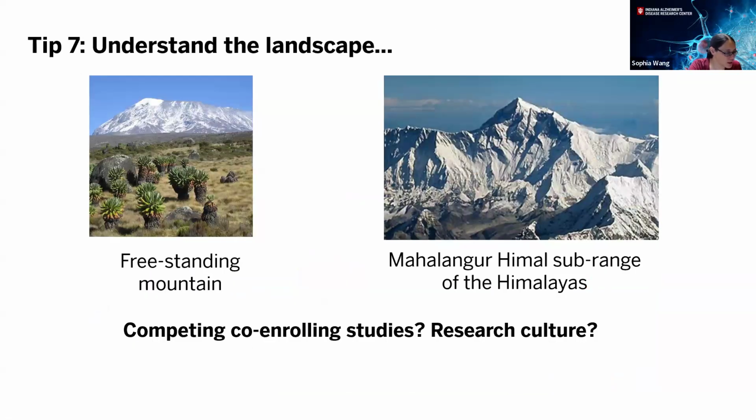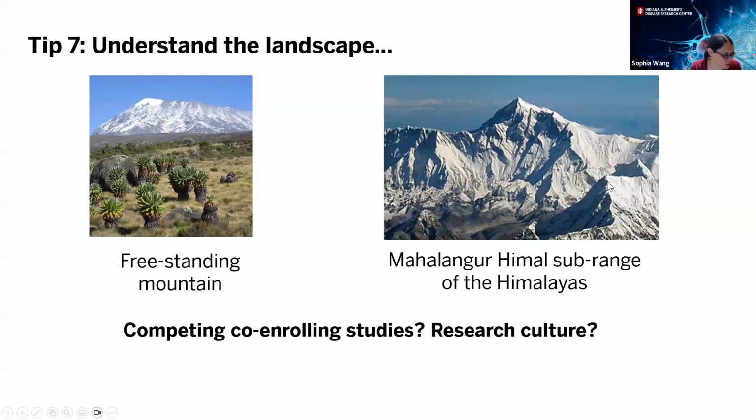And another key aspect is understanding the landscape. It's very unlikely, at certain institutions, that you will be the only person doing a study in that field with that patient population. There are some places, maybe certain community-based hospitals, where it's a solo effort. But most people are part of a range.